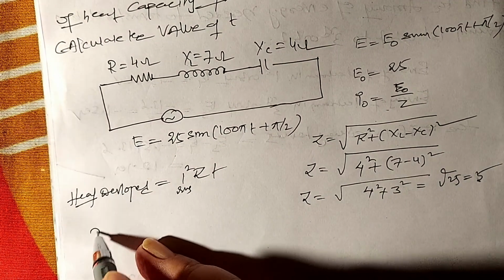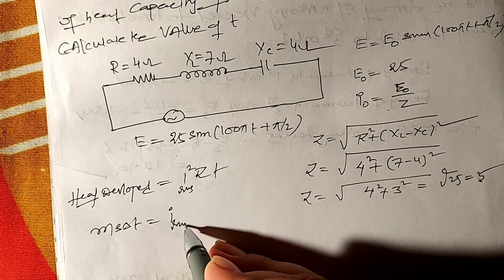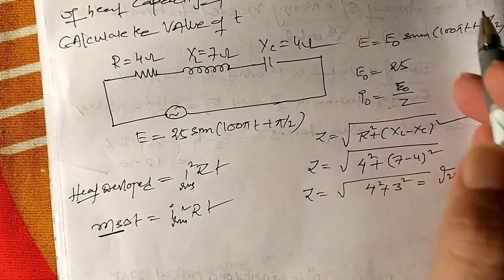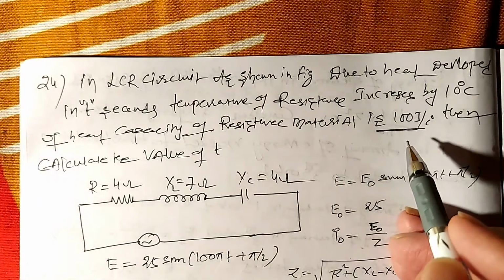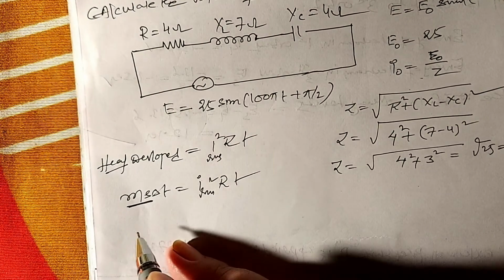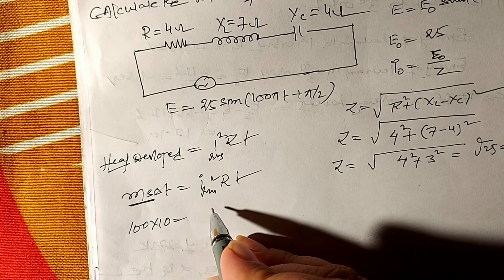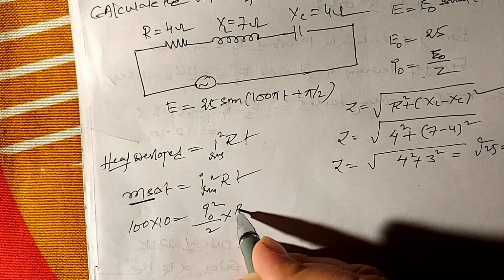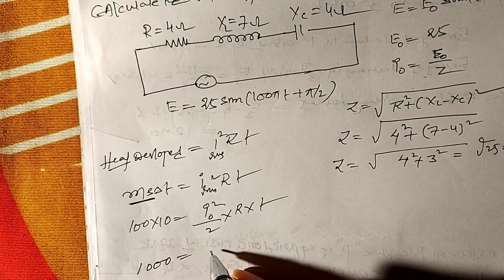Heat developed, that is equal to MS delta T is equal to IRMS square into RT. MS is the heat capacity. Here heat capacity is 100 joules per degree centigrade. Delta T is 10 degrees centigrade. So here 100 into 10 is equal to IRMS square, meaning I0 by root 2 whole square, that is equal to I0 square by 2 into R into T. So 1000 is equal to I0 square.